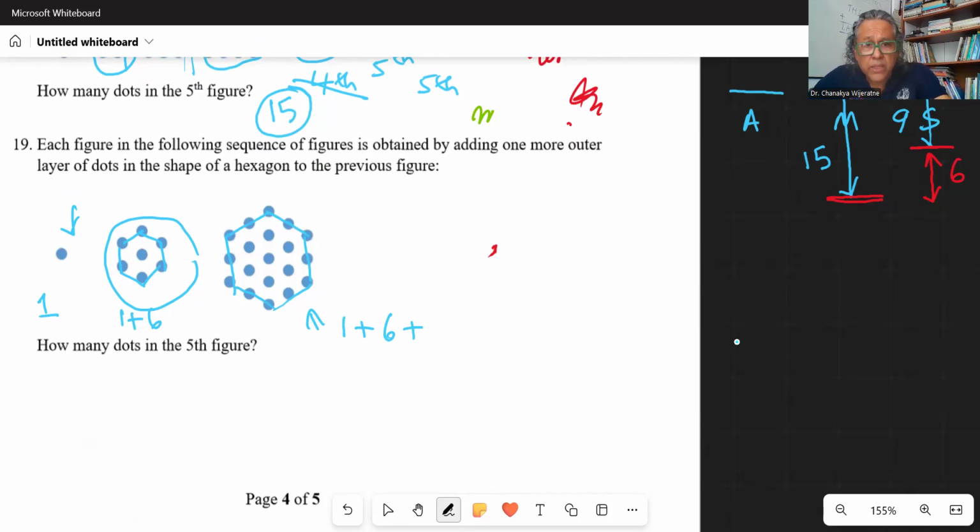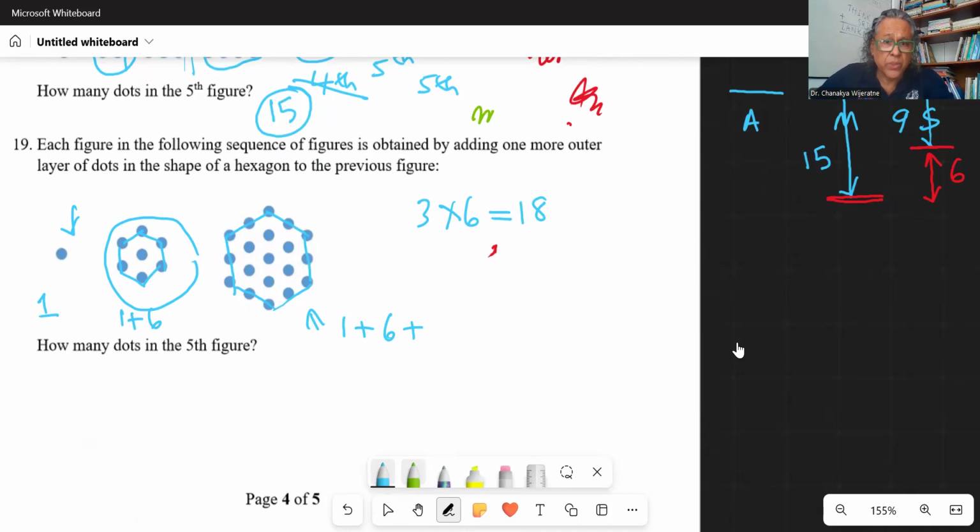Each side has 3 dots, and there are 6 sides, so 18, but I did an overcount. These dots were counted twice: this one, this one, this one, this one, this one, this one. That's 6. So it is 12. So then the third figure has 1 plus 6 plus 12.